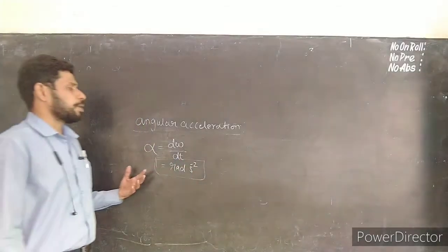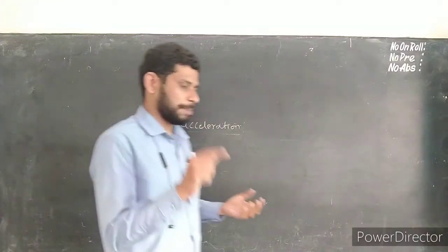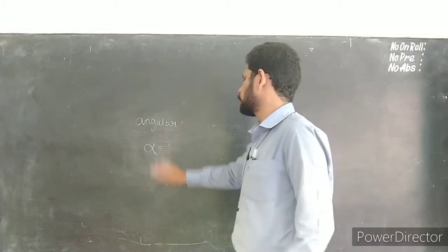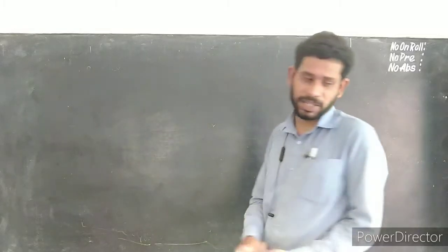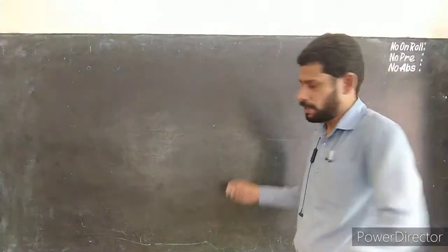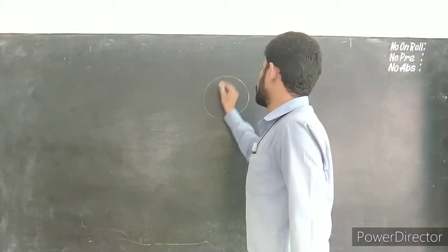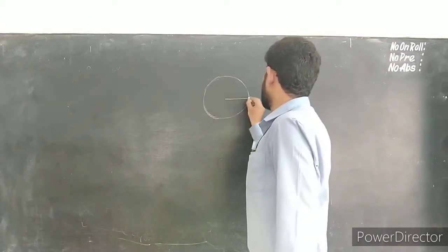Now, what happens if the object is moving in a circular motion? What happens to the tangential acceleration? For example, the object is moving in a circular motion, and this is your radius.